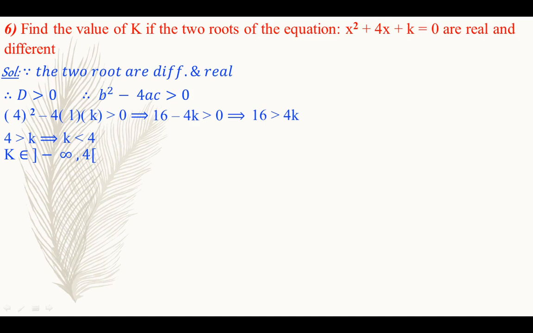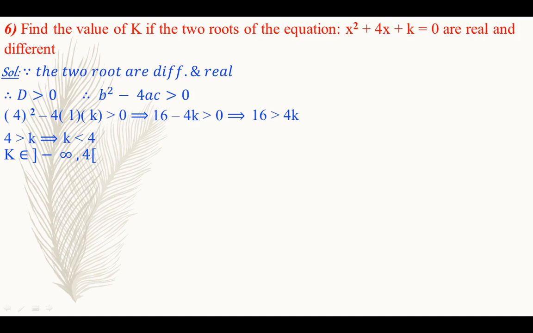Okay? This is one of the important examples. You can find it in each exam. Okay? He will ask you to find the value of k of the two roots where k is not a number. K is an interval, more than one number. So k belongs to the interval from negative infinity to 4.